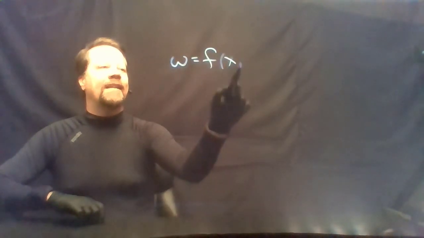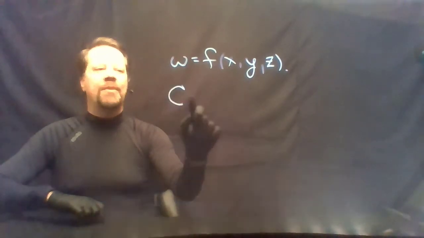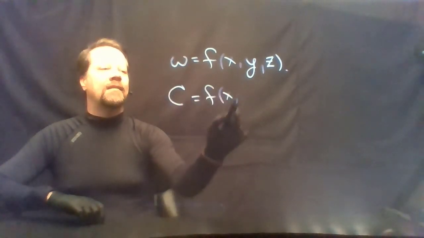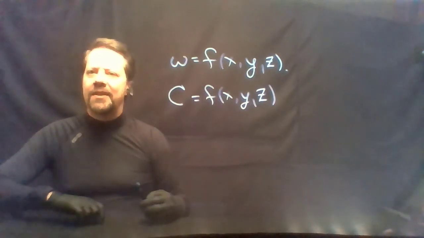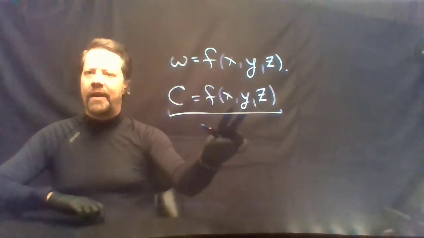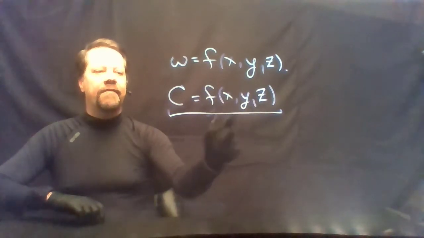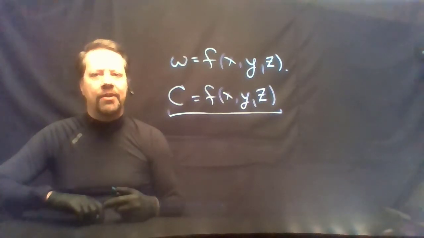In direct analogy, if you have w equals a function of x, y, and z, and you set w equal to a constant, how many dimensions is there in an object like this? It seems to me you have 2 degrees of freedom, and the third variable is determined by this equation. You end up with a 2-dimensional object.